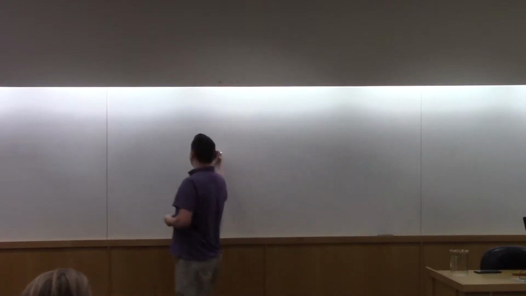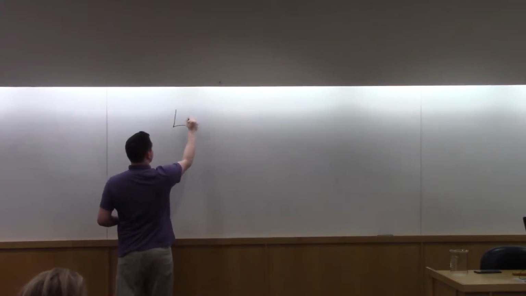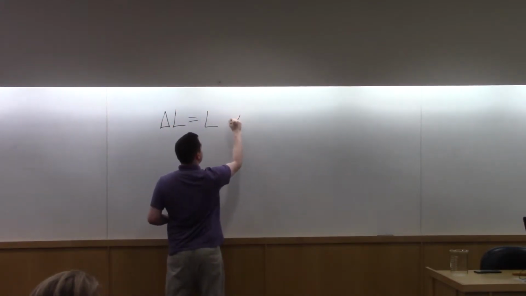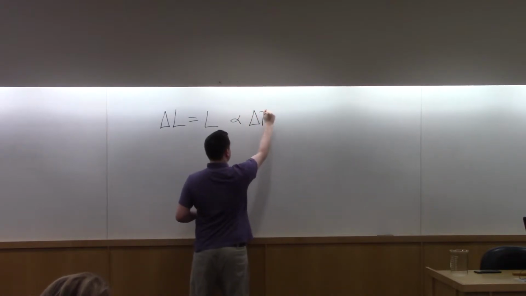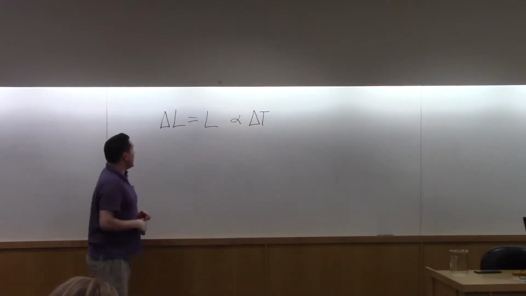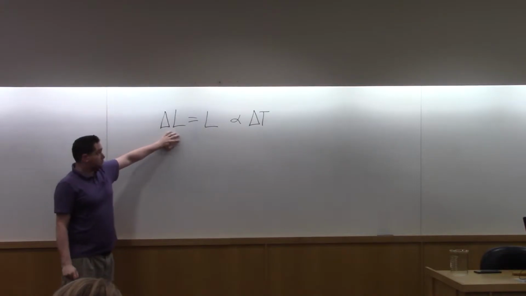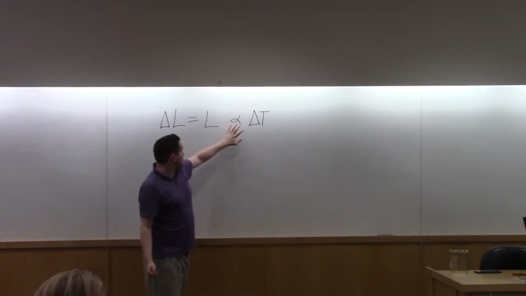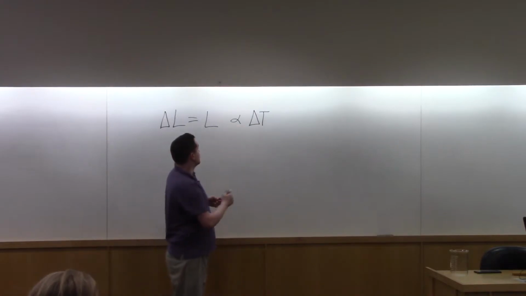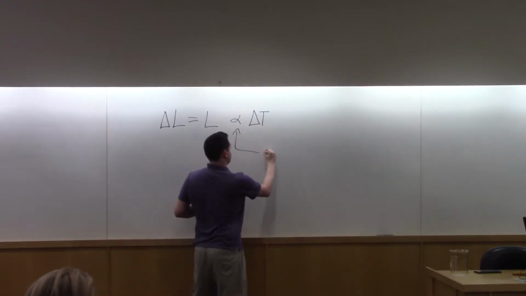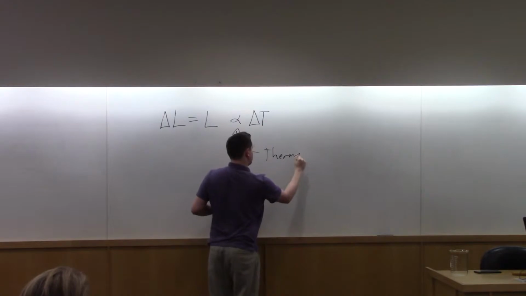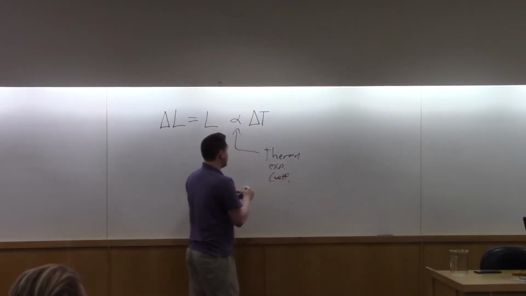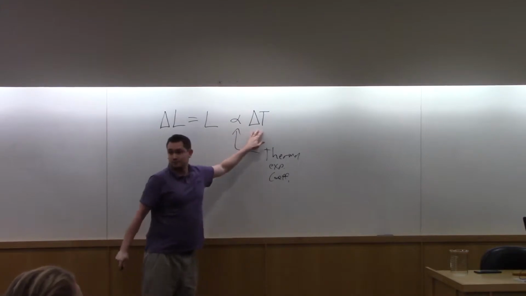And so we have a way to write this down, which looks complicated, but it's really just a sentence in equation form. So what we have is a change in length equal to the initial length of some object, times this thing called alpha, which is the thermal expansion coefficient, and then a change in temperature, right?